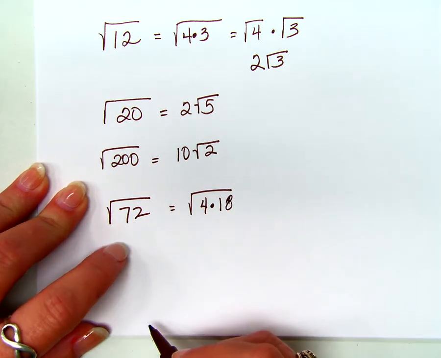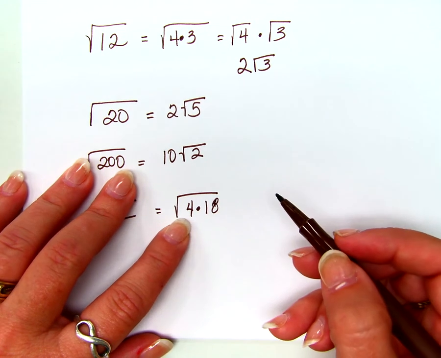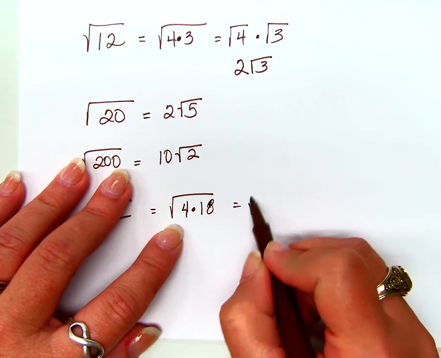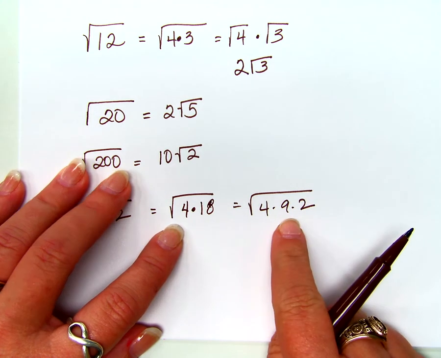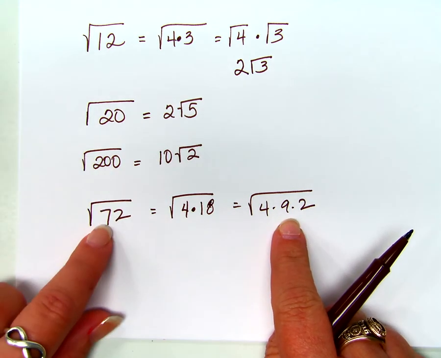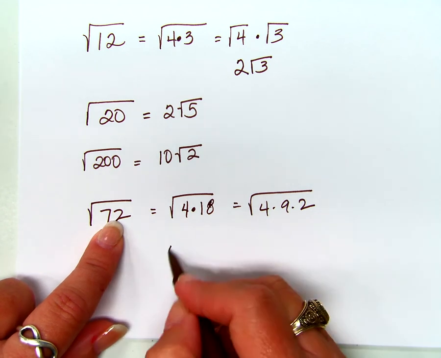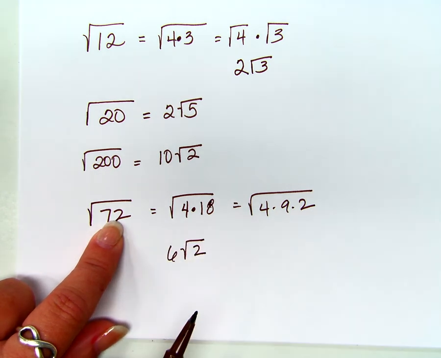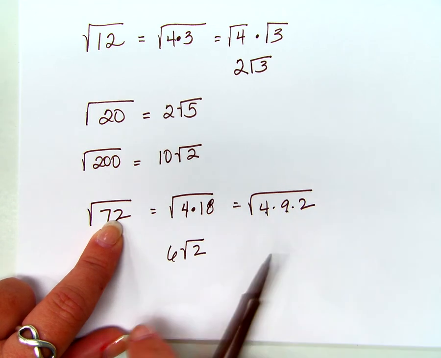Except, I know that inside 18 there's a 9, right? So then that would leave me 4 times 9 times 2. Well, this is giving me all sorts of different steps, and if I would have just thought 72 is really 36 times 2, that would have told me right away it was 6 root 2. Otherwise, I have to do 2 and 3, which is 6, and get root 2.